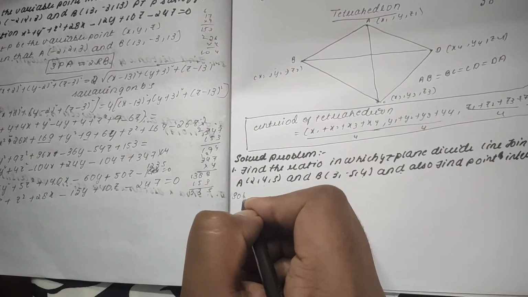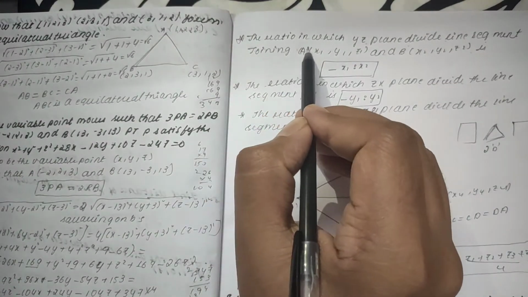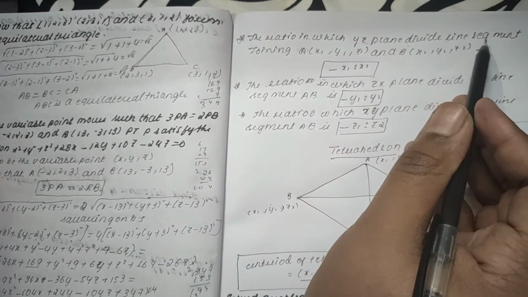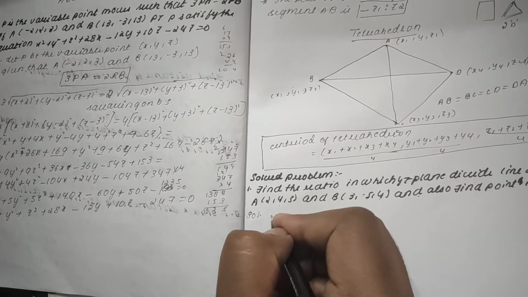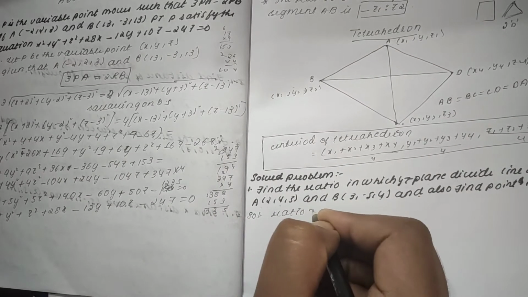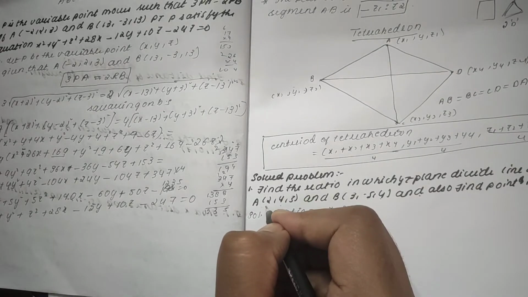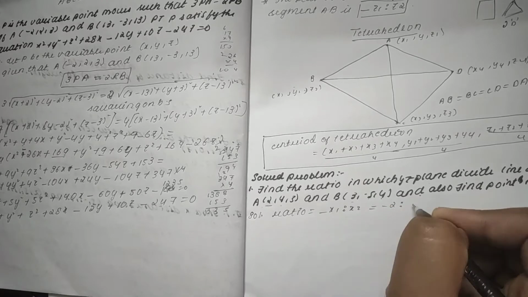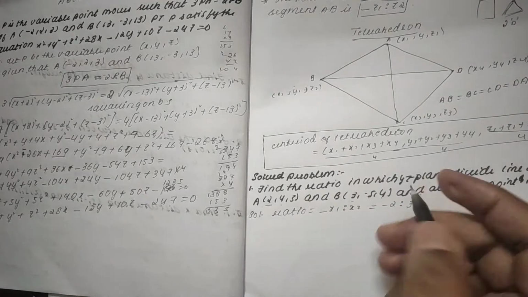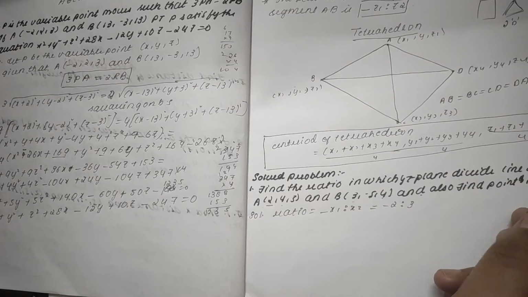As we have discussed above, the ratio in which YZ plane divides the line joining A and B is minus x1 is to x2. Apply the same formula. x1 is 2 and x2 is 3. So the ratio is minus 2 comma 3. And we have to find the point of intersection.